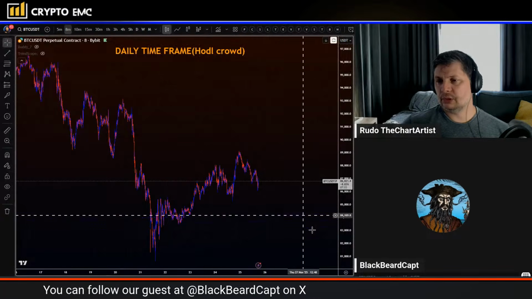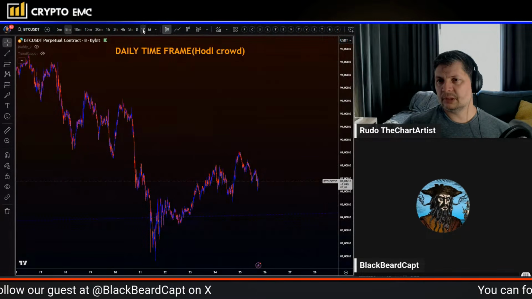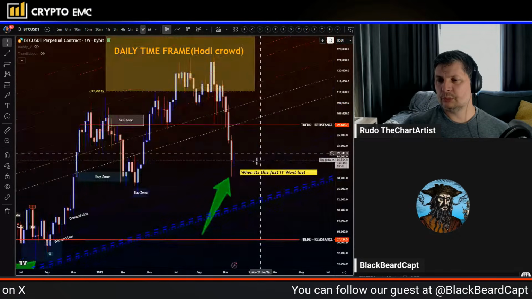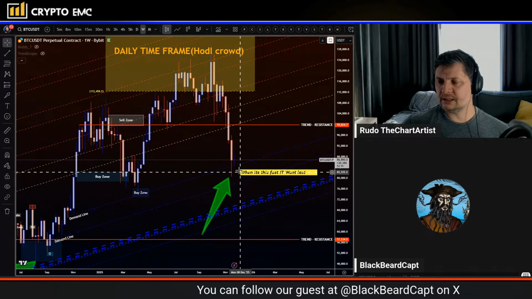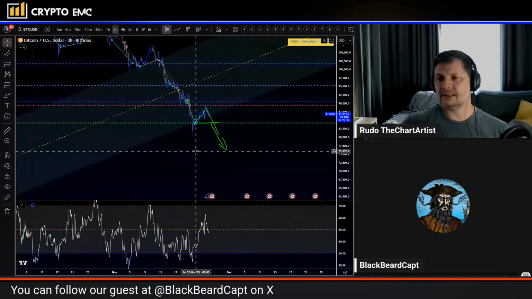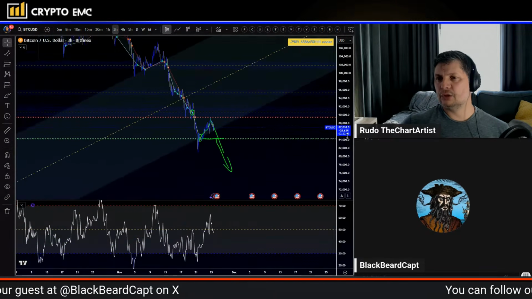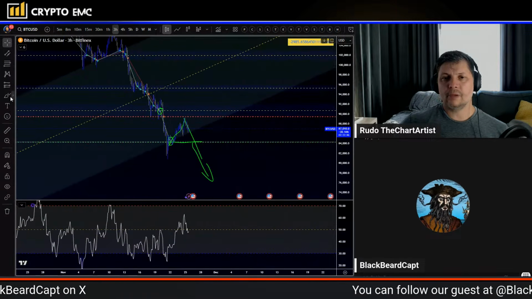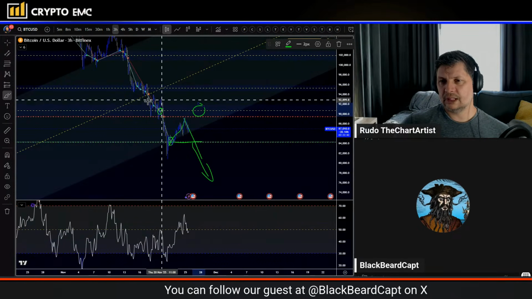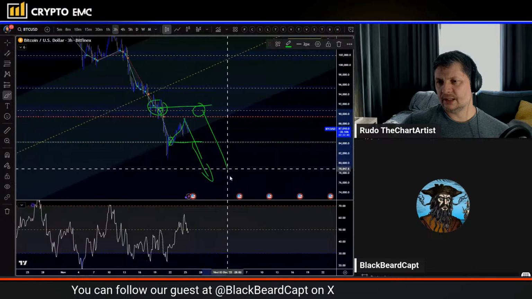That will help you look for an area where support would be, so around these lines. Going back to this analysis, it gives me a good framework for areas where I can go short, looking at the nodes, the cluster of nodes, the area where we can go short.